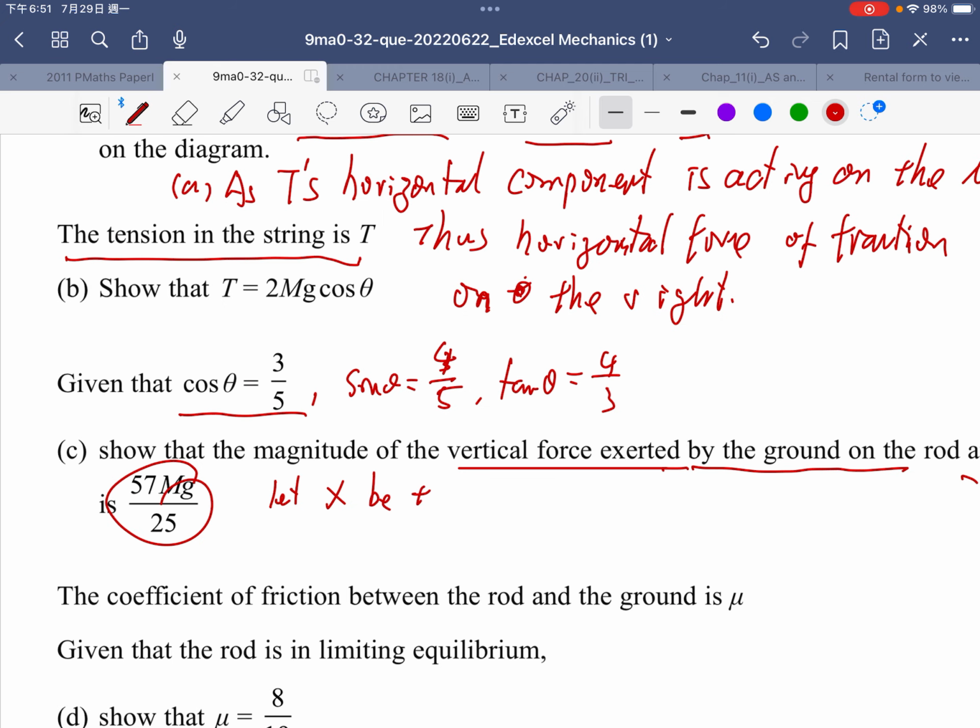Therefore, I let X be the vertical force exerted by the ground. I emphasize the vertical force.